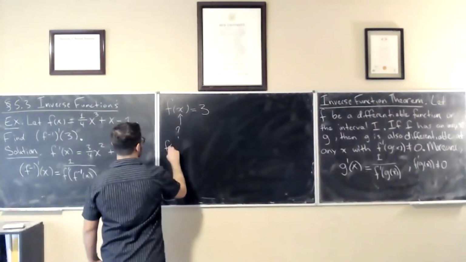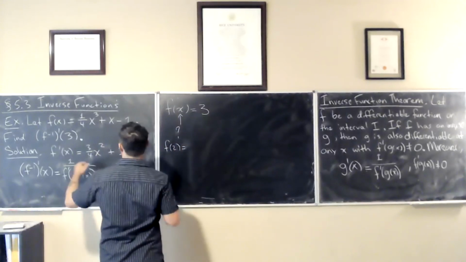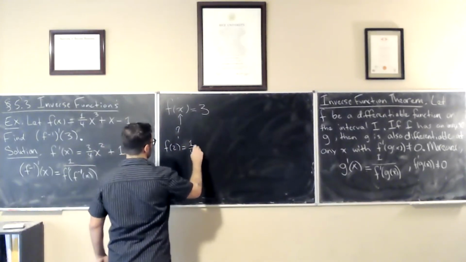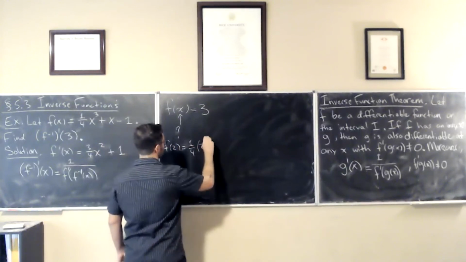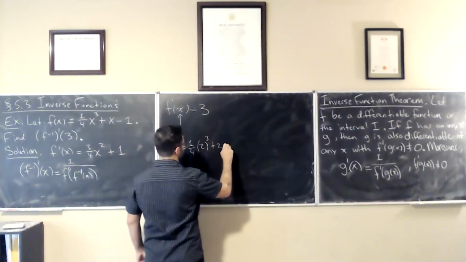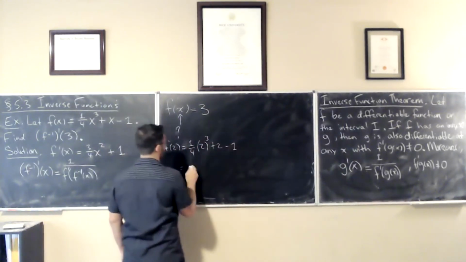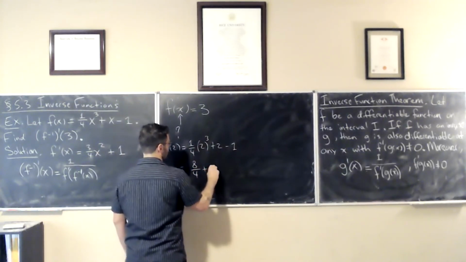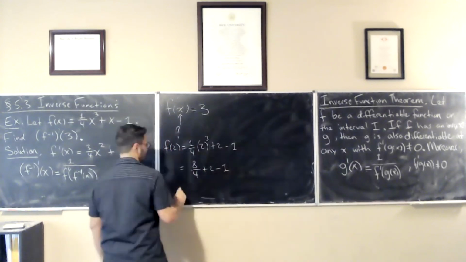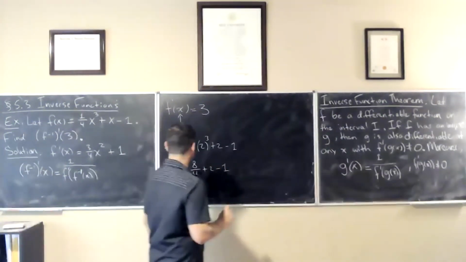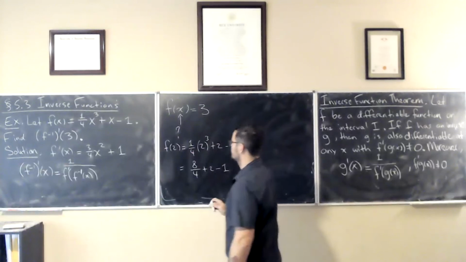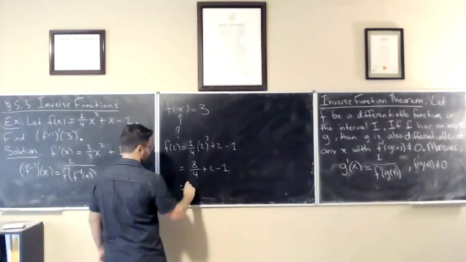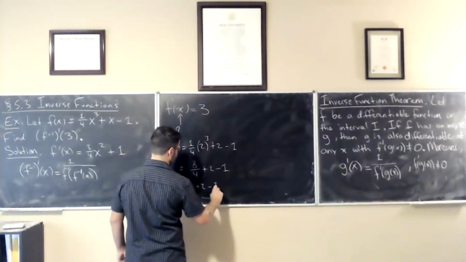Right, so f of 2 is going to be 1/4 times 2 cubed plus 2 minus 1. So this would be 8 over 4 plus 2 minus 1. So this would be 2 plus 2 minus 1.